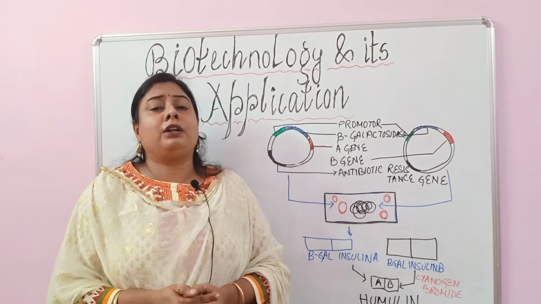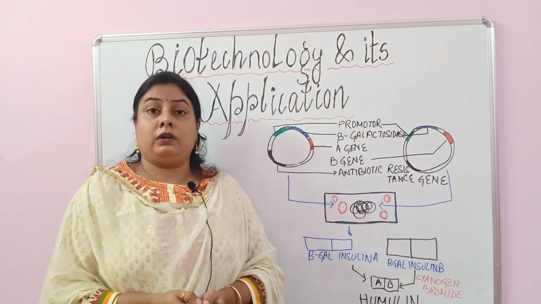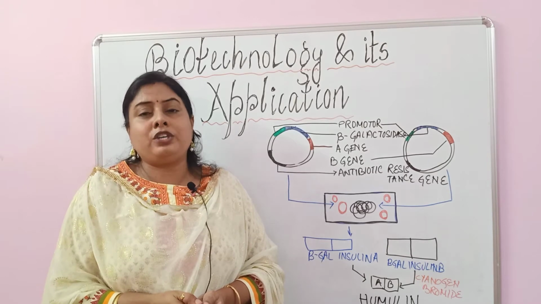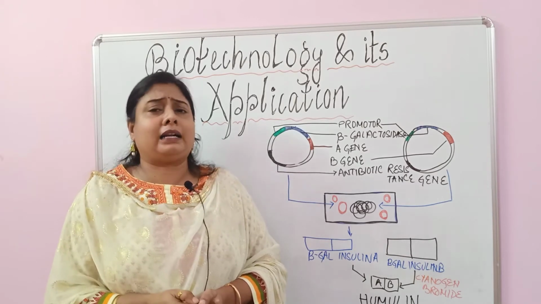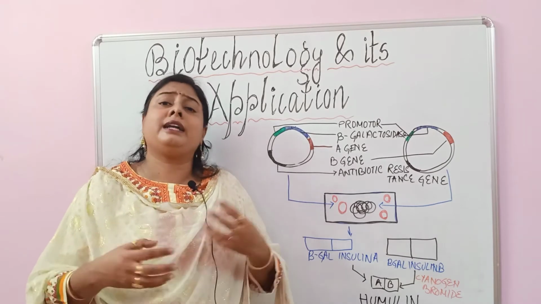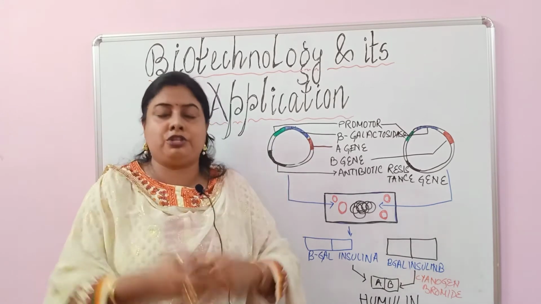So, biotechnology came up with the synthesis of artificial insulin, which is exactly like the human insulin, because it came up with the synthesis of insulin from the human genes.